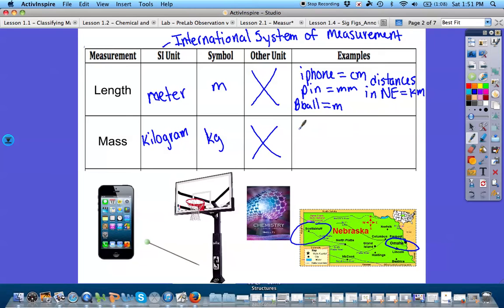If we wanted to take the mass of the iPhone, we would probably do that in grams. Where if we wanted to take the mass of the stick pin, we would probably do that in milligrams. And then if we wanted to take the mass of a textbook, we would probably do that in kilograms.